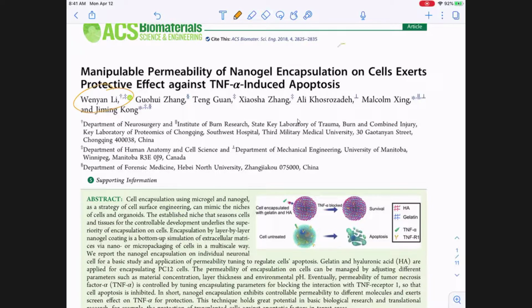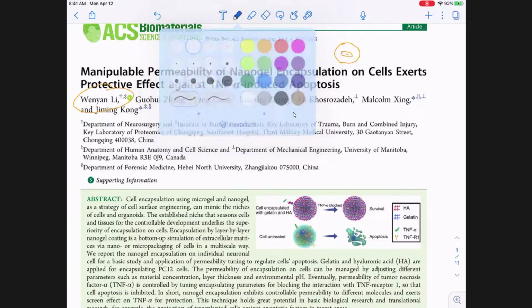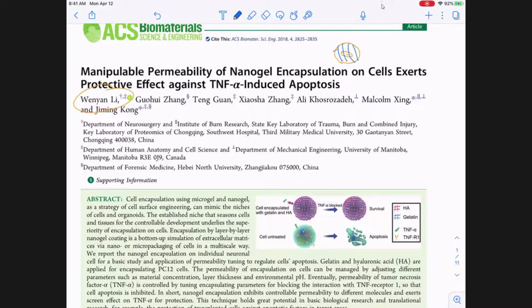This is a cell, for example, and there is the nucleus. We do some nano coating onto the cell, to give the cell a protection, to regulate cell differentiation. That's possible for future cell delivery to the brain.